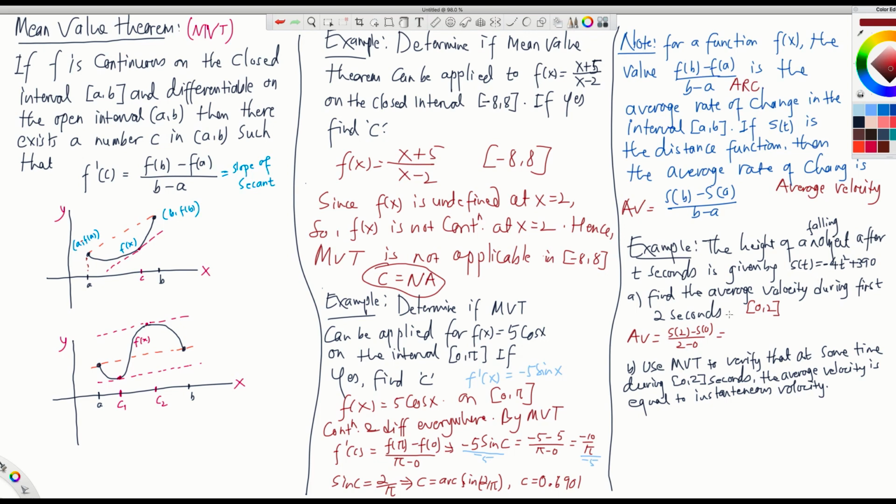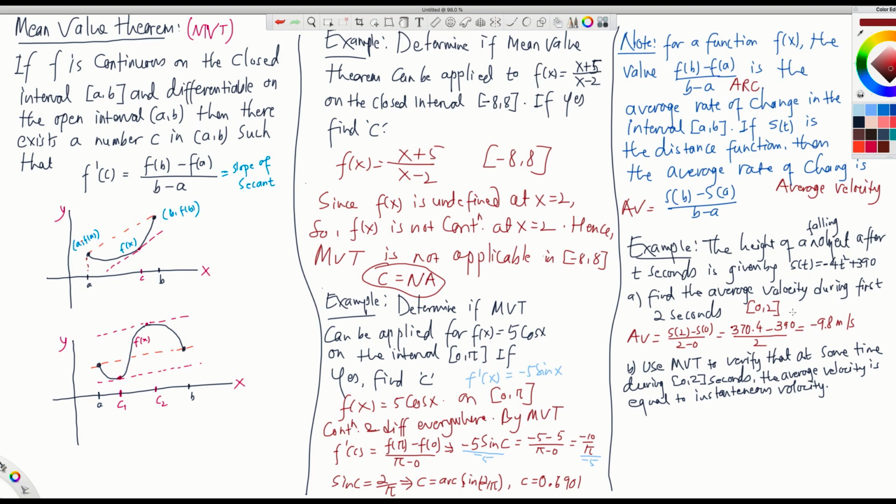That will give you 370.4, using a calculator. Minus s(0), which is just 390 when you replace t by 0, divided by 2. Using a calculator, you get negative 9.8 meters per second. This is the average velocity you get.